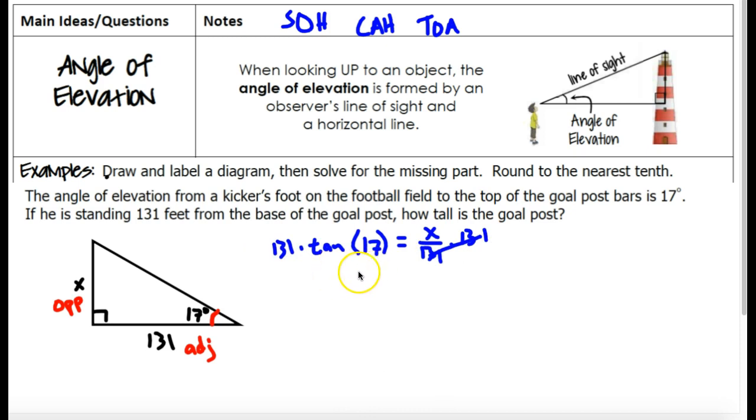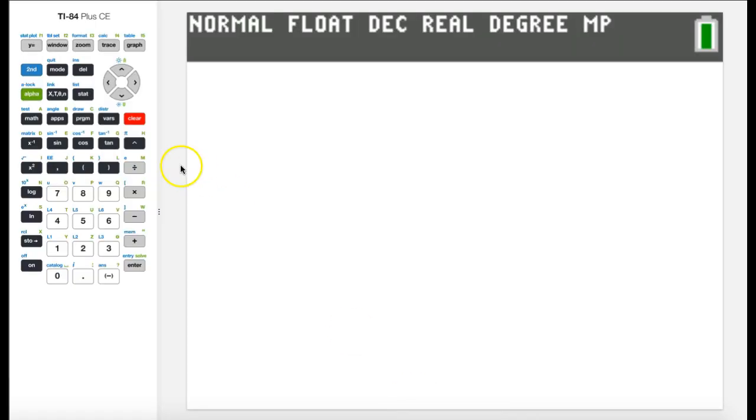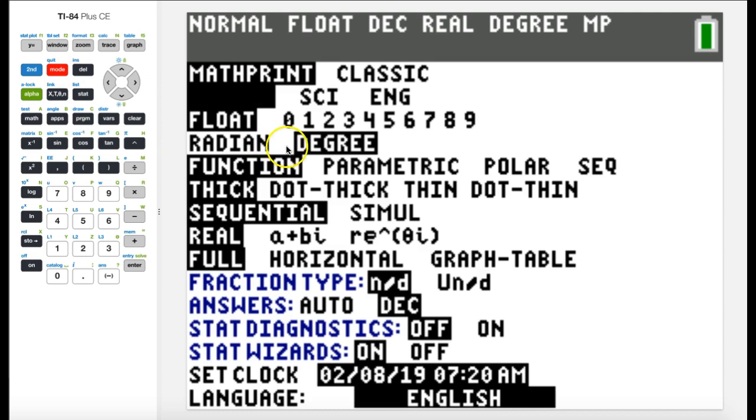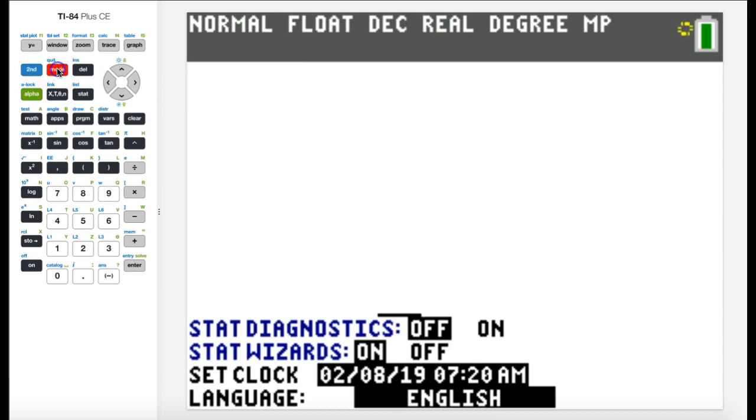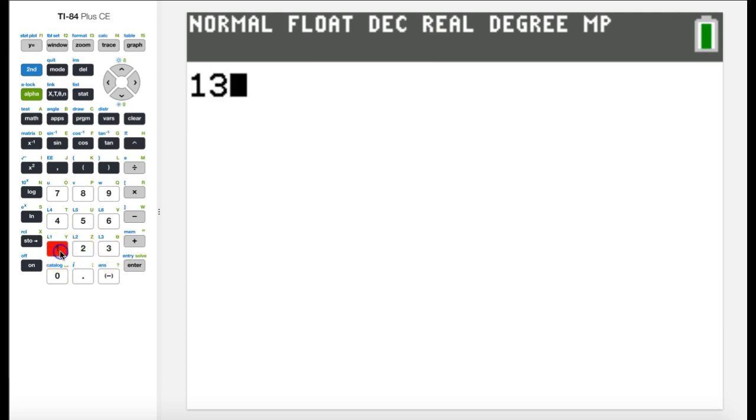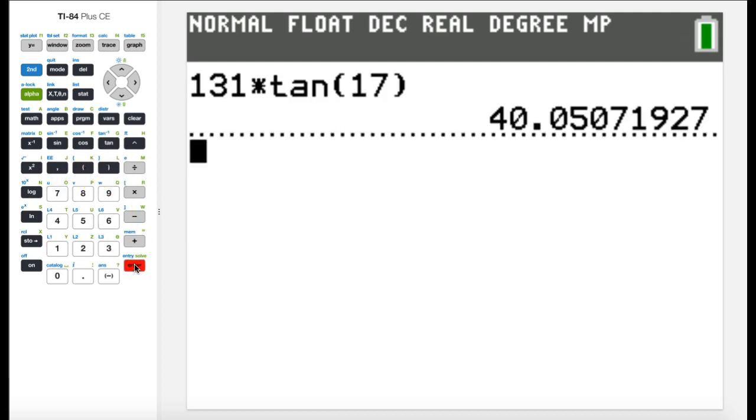Right? So when I do that, I get that 131 times the tangent of 17 degrees is equal to x, and that I can put into the calculator. Right, so again, remember, make sure that your calculator is in degree mode, and then we'll just say 131 times the tangent of 17 degrees, and that gets me 40.05.